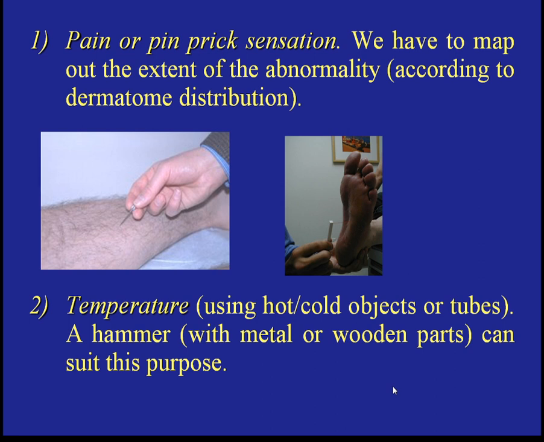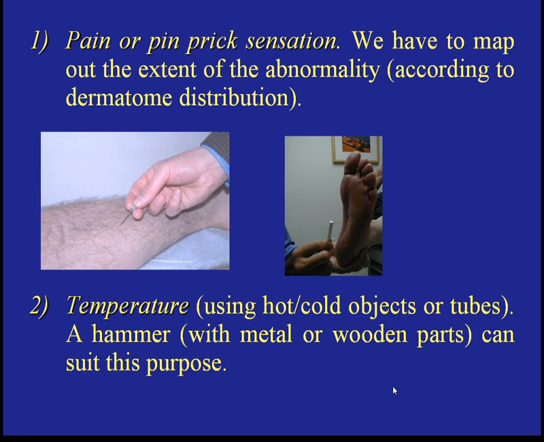We touch 2 or 3 times the skin of our patient with a special pin and ask about the patient's sensation. And we have to make out the extent of abnormality according to dermatome distribution.